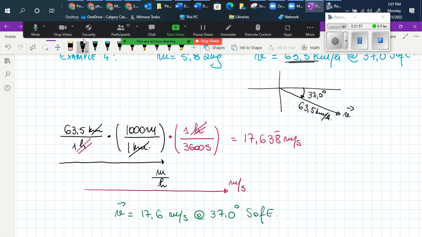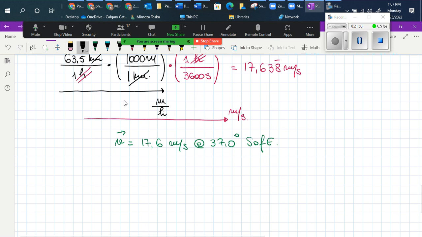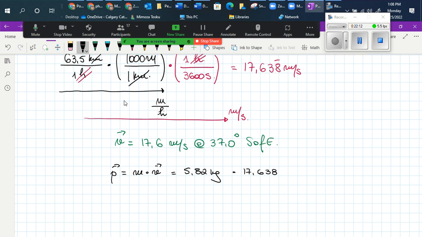So now the momentum, being a product of mass and velocity, will be 5.82 kilograms times 17.638 repeating, whatever is the exact value that we have from our calculations, meters per second at 37.0 degrees south of east, because the rounding is done at the very end.